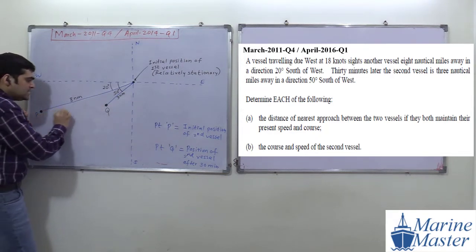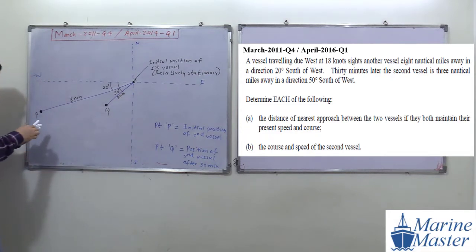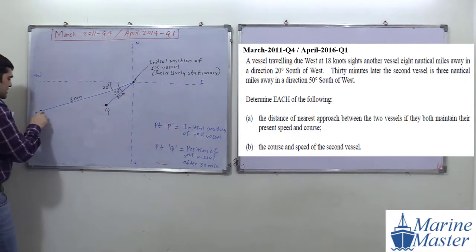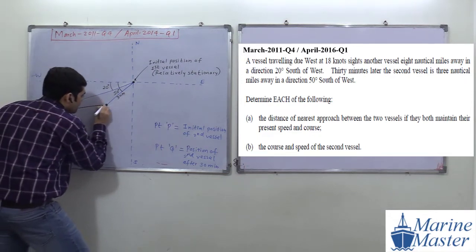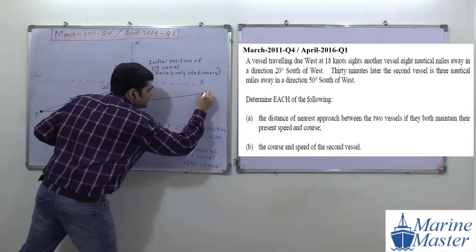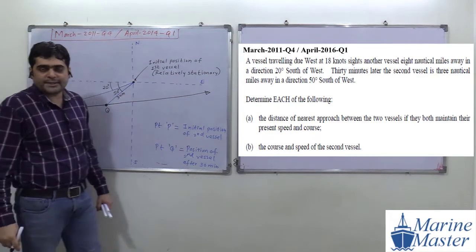If you join these 2 points, point P and Q, what will it become? Relative velocity or relative path?